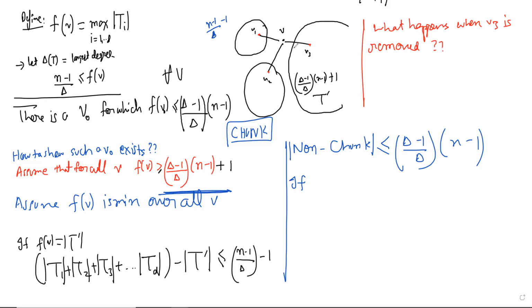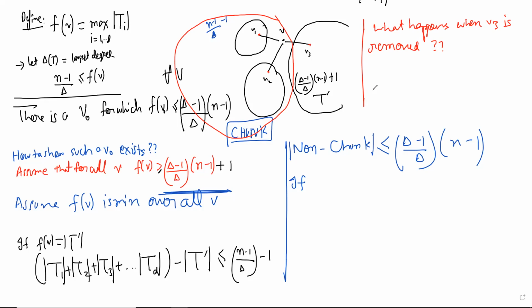One thing is clear, that when V3 is removed, this part, that is the chunk, will be one tree. That is clear, right? And its size is at most n minus 1 by delta.